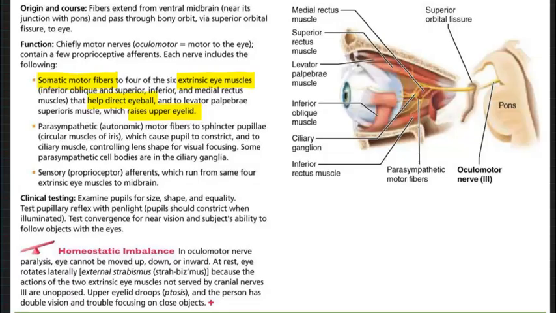Now, there is a visceral motor function. Autonomic fibers control the constriction of the pupil, not dilation, specifically constriction of the pupil. Now, do you see the sensory component here? The third bullet point?